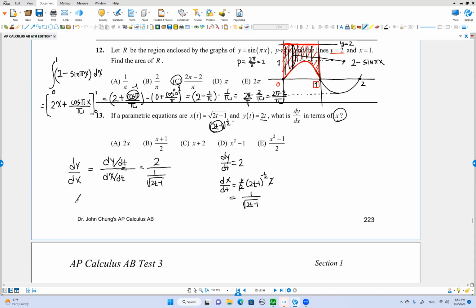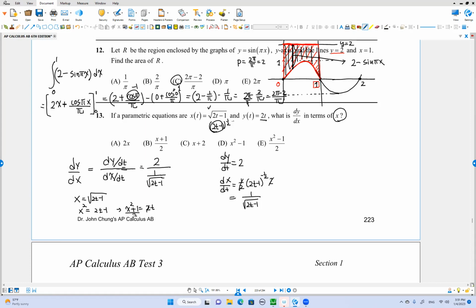So x equals square root of 2t minus 1. When you square, x squared is 2t minus 1, right? So x squared plus 1 equals 2t. So t equals x squared plus 1 over 2, right? That is t. Are you okay with this?